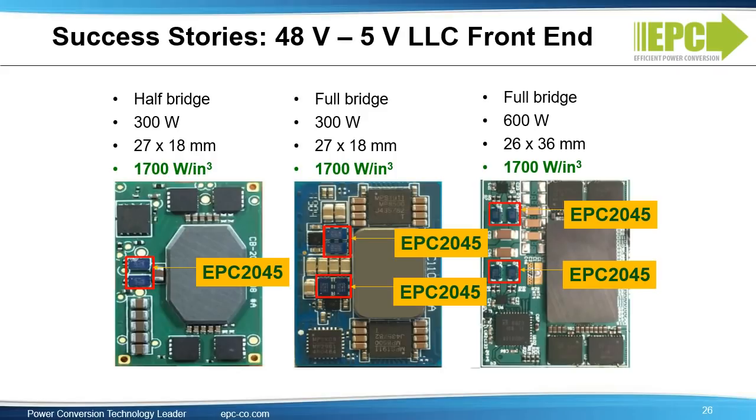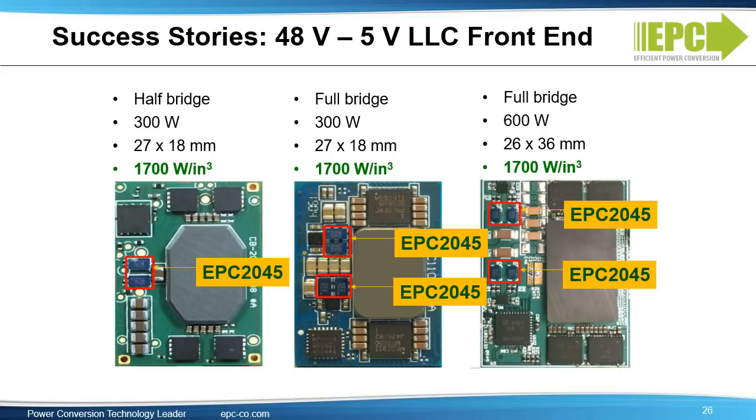Now let's look at some success stories. As we discussed, the LLC is the best solution for 8 to 1 or 10 to 1 conversion ratios. Here are 3 solutions, 2 already shipping in volume, all using 100 volt eGaN FETs. The 2 modules on the left from different vendors convert from 48 volts to 5 volts and deliver 300 watts in a super small 27 by 18 millimeter size.